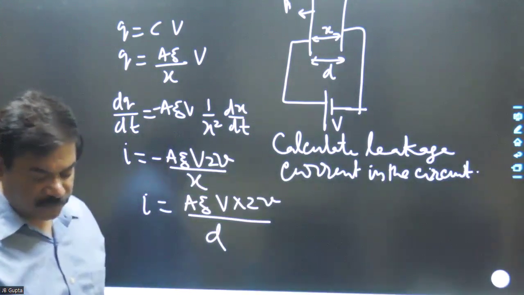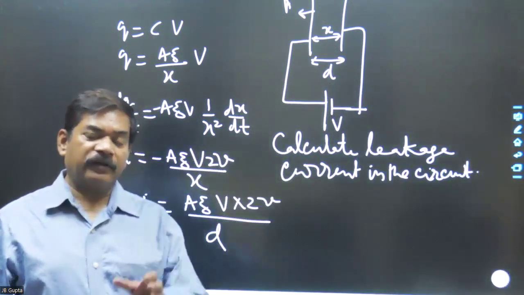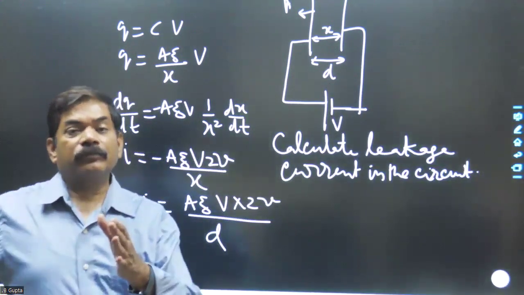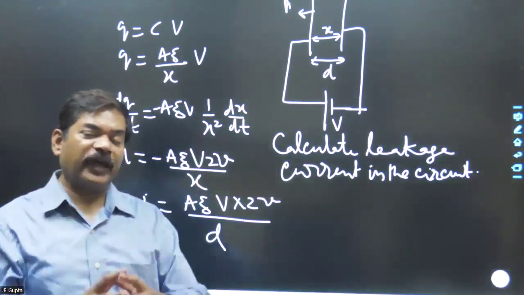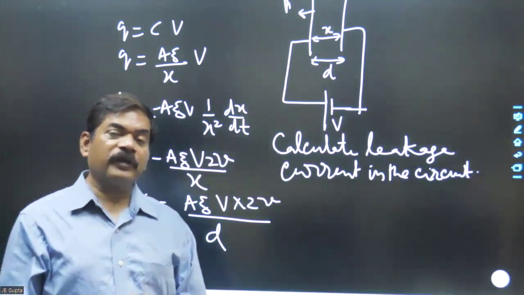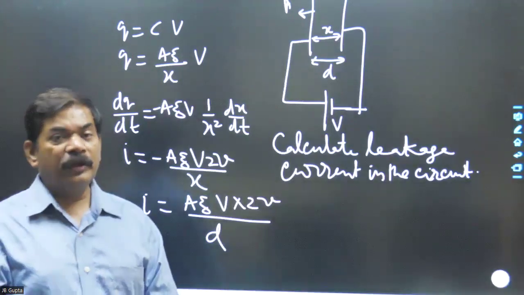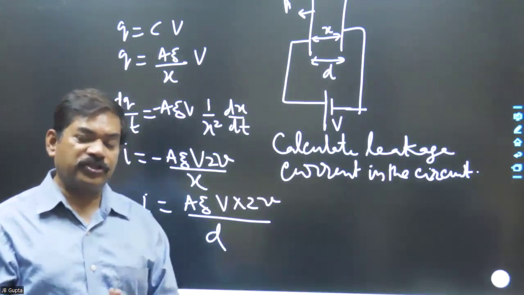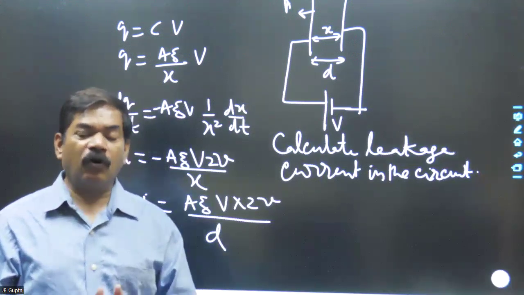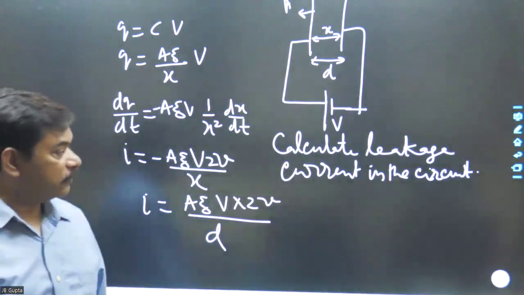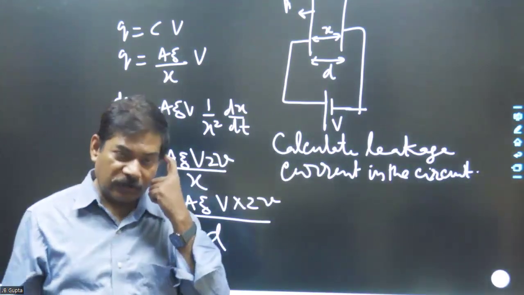So I hope this concept got clear: they keep the voltage fixed, they bring some changes in the capacitor, due to those changes the capacity changes, so the charge on it also changes, and the rate at which the charge changes on the capacitor is the leakage current. I hope, students, this concept got clear.